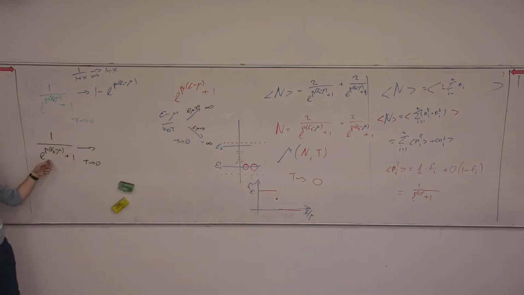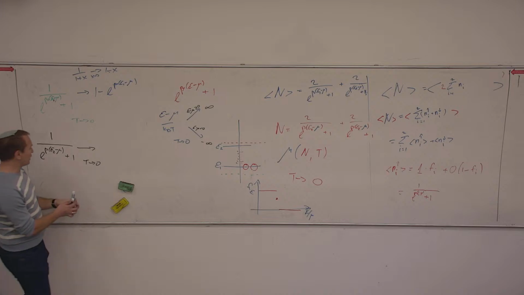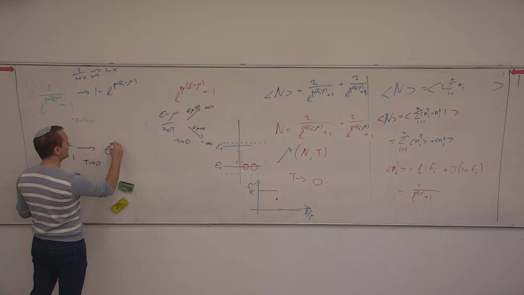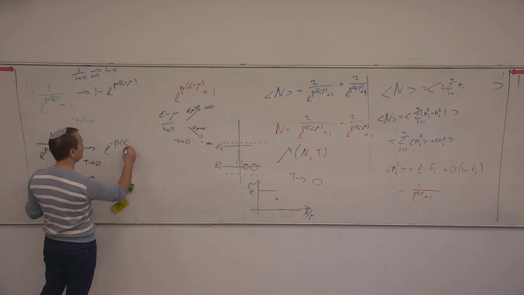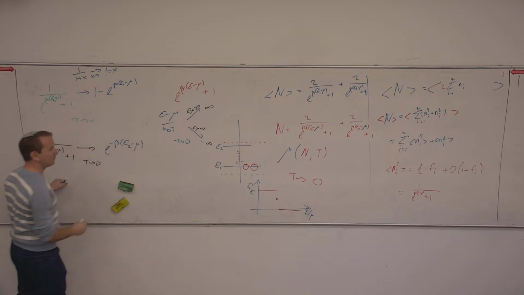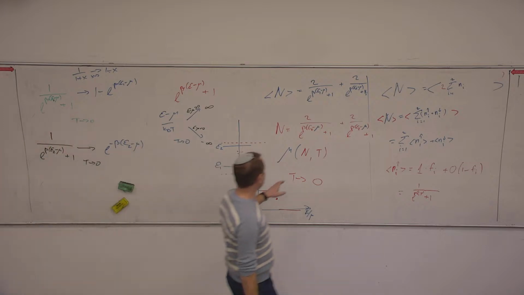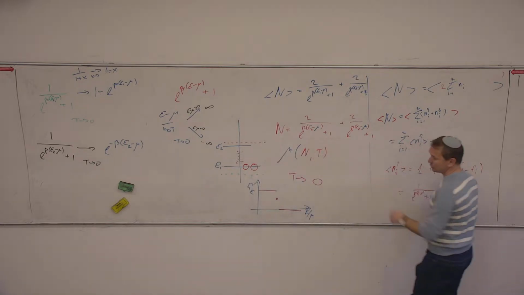E to some extremely large power is an extremely large number, so I don't care about the plus 1. What I'm getting is that this is just e to the power minus beta epsilon 2 minus mu. Now I'm coming back to this equation.